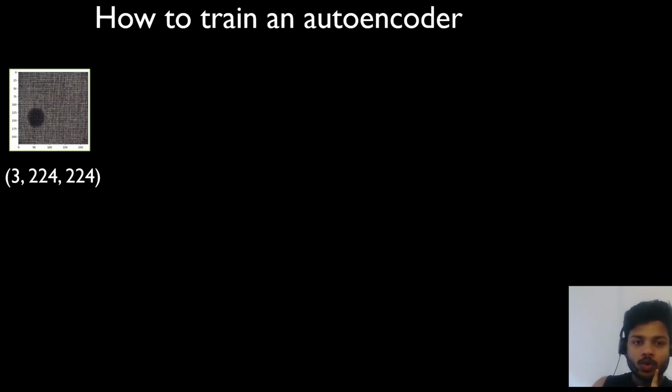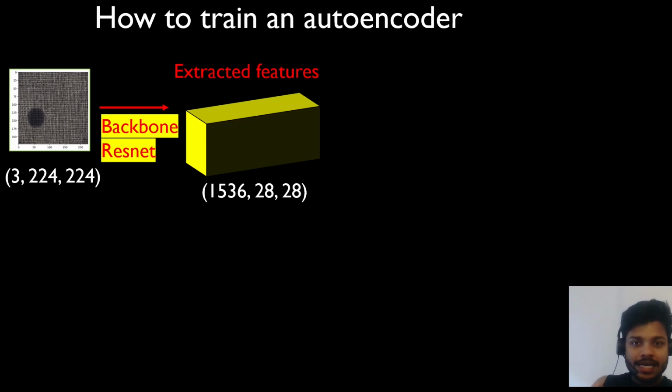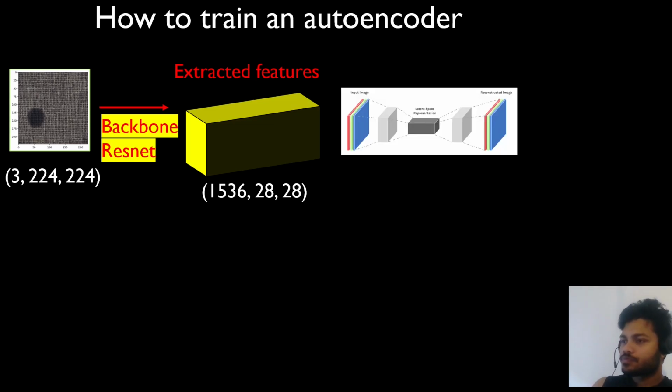So how do we train an autoencoder? Whatever images we have, first we extract the features that we saw in the previous slide using the backbone network. In this case, we are using a ResNet backbone, but you can also use VGG or MobileNet, depending upon your use case.